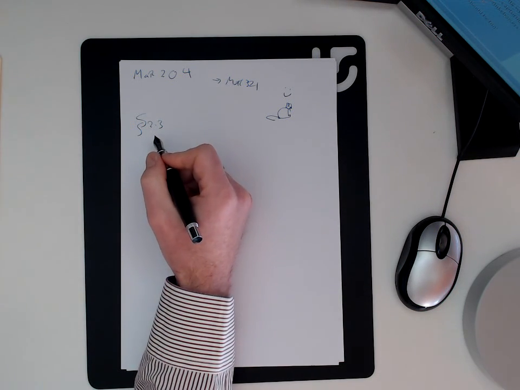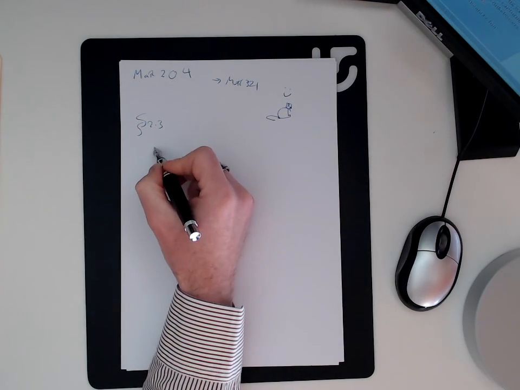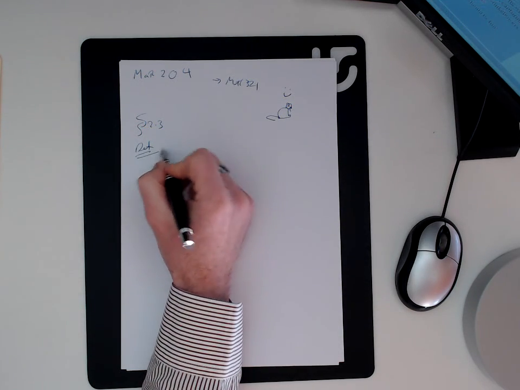Right, what are we talking about? Polynomials and rational functions. Definition.